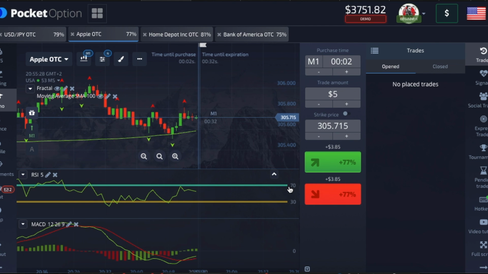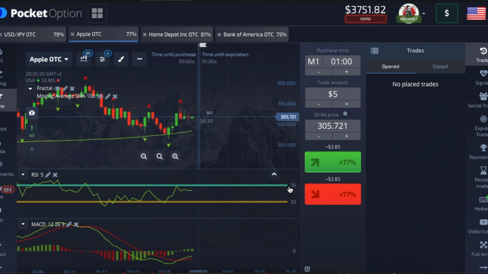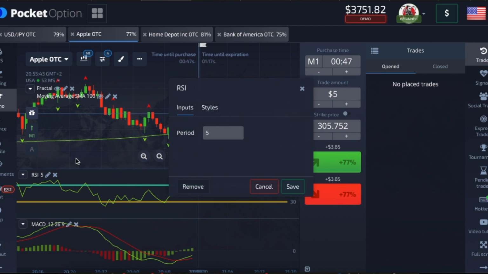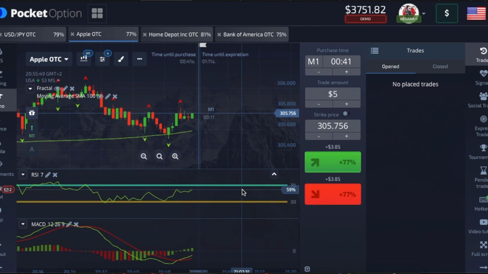Then we also have just going up so that way you guys can see the differences on how the RSI basically moves based on what's taking place with the candles. And of course, 10.